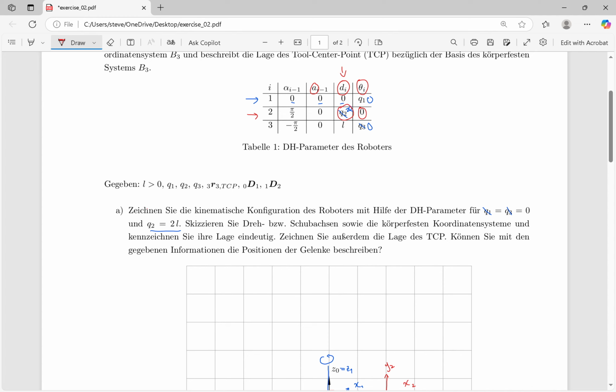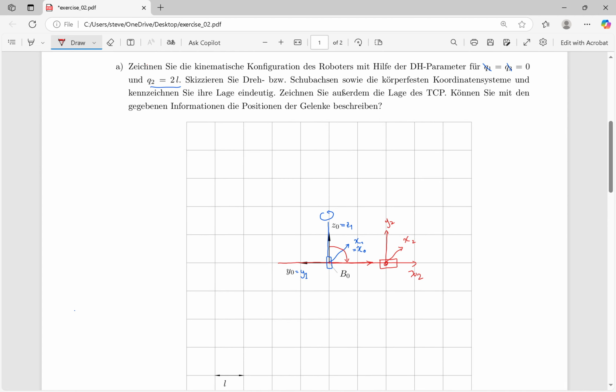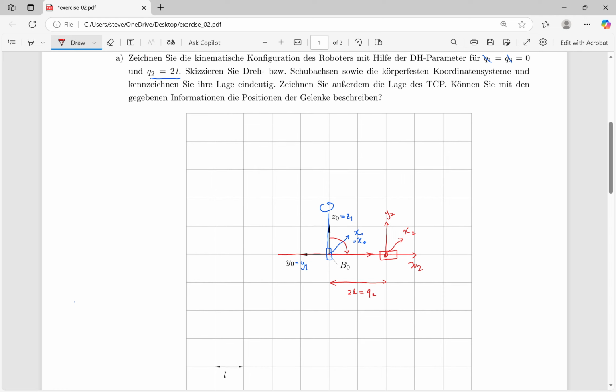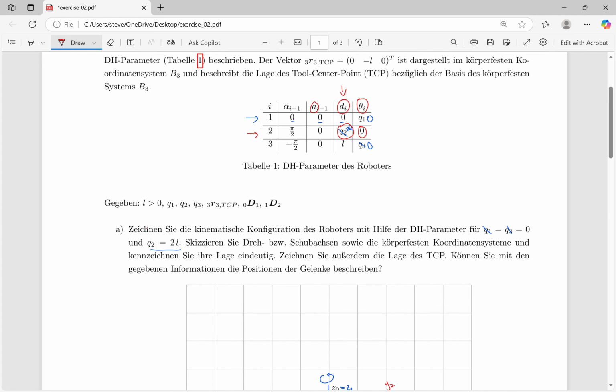That's actually the free parameter. So this one we actually know it's a translational axis, also called the prismatic joint. And this one is 2L is equal to Q2. Let's come to the third one.